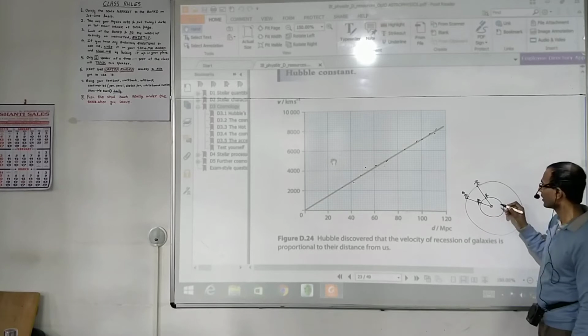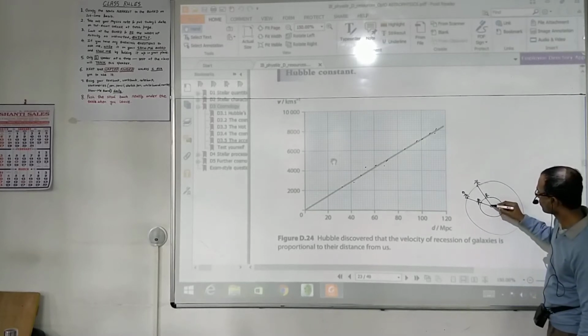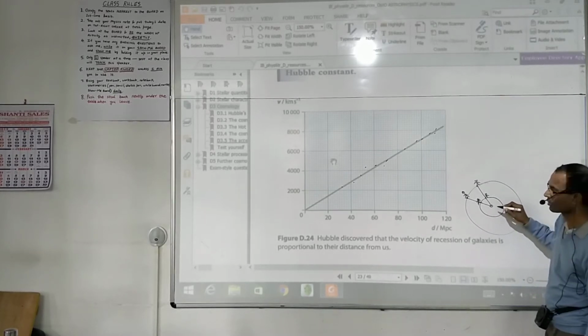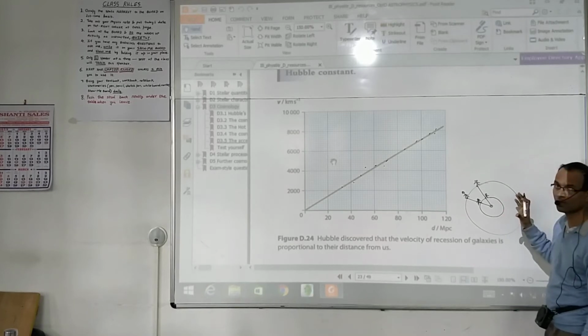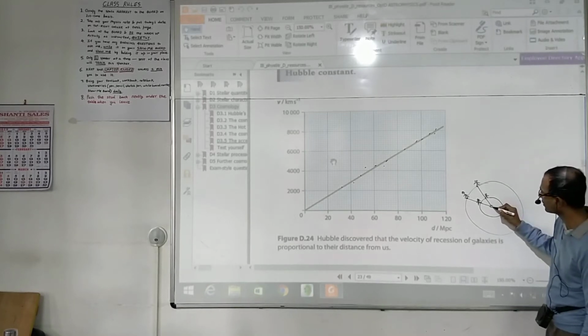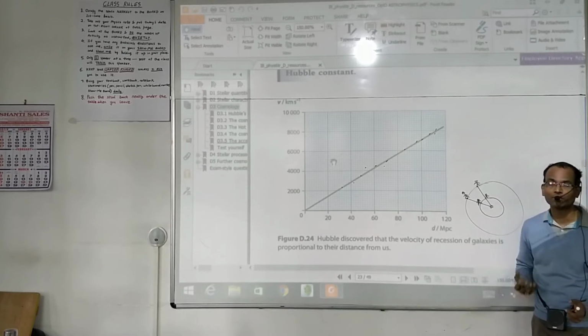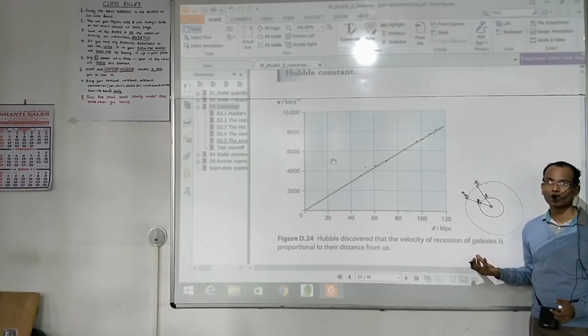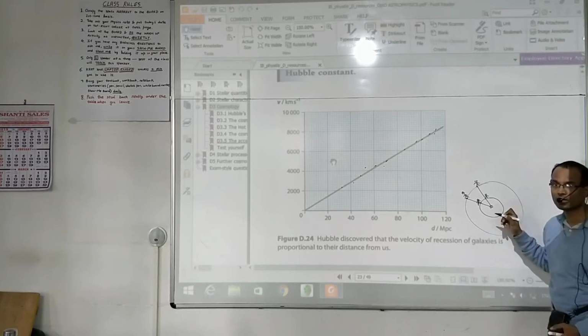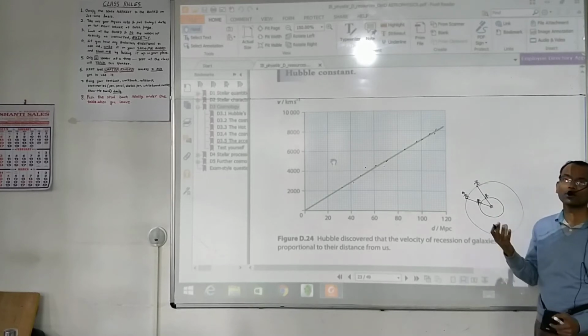Like this, if you go backwards in time, when it becomes a single point, so when the balloon started expanding, every point on that surface is getting away from every other point. It's perfect symmetry. You can't say any one point is the center and around it all the other points are moving away.